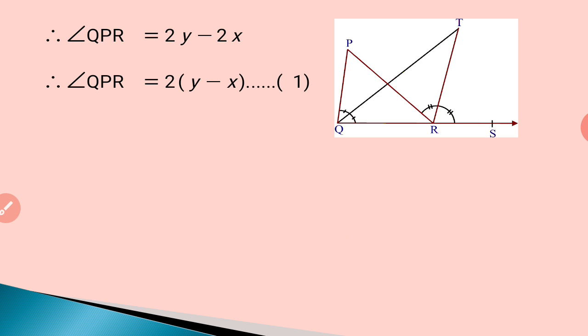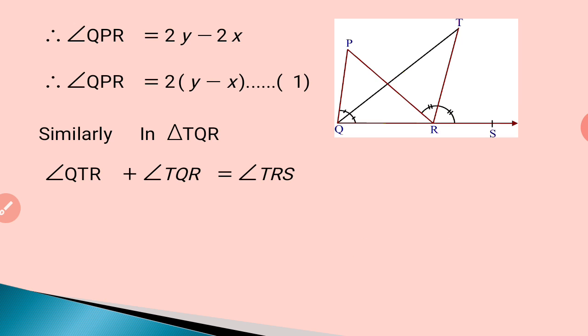Now we are going to use the same theorem in triangle TQR. So if I talk about angle TQR and I use the exterior angle theorem, we'll get a statement that is angle QTR plus angle TQR equal to angle TRS.